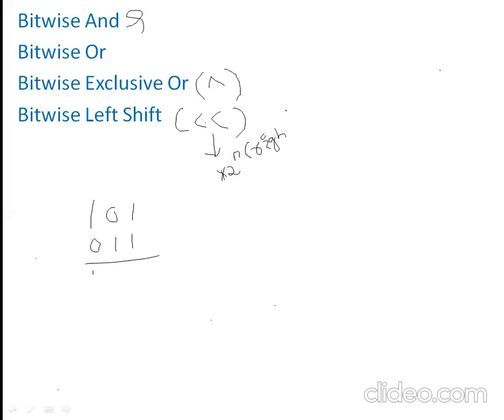Suppose we write A plus B. In A plus B, what is the operator?